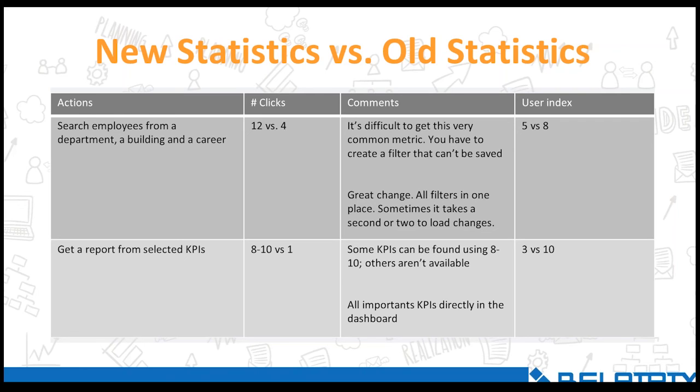The comment was that it was very difficult to get the metric, and if you create a filter, it couldn't be saved. The most common comment after the changes were that it was great, that they really liked it, that all the filters were in one place. That is telling us that the information architecture has significantly improved.